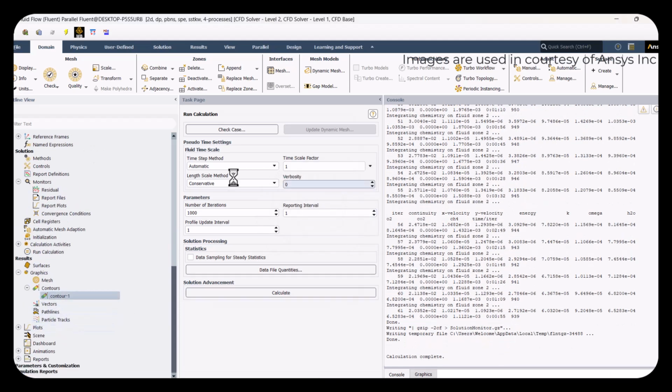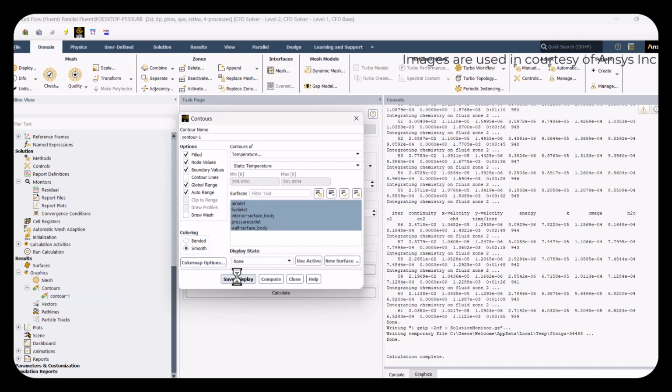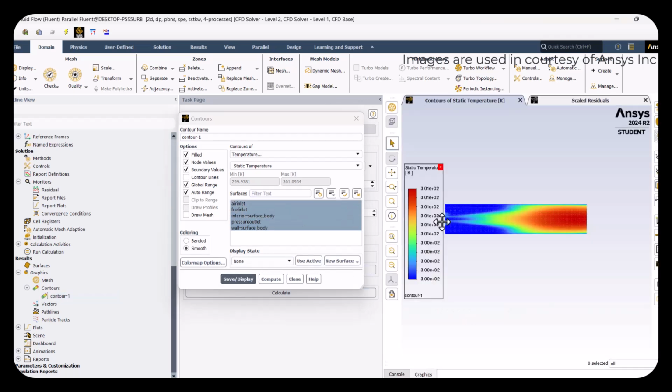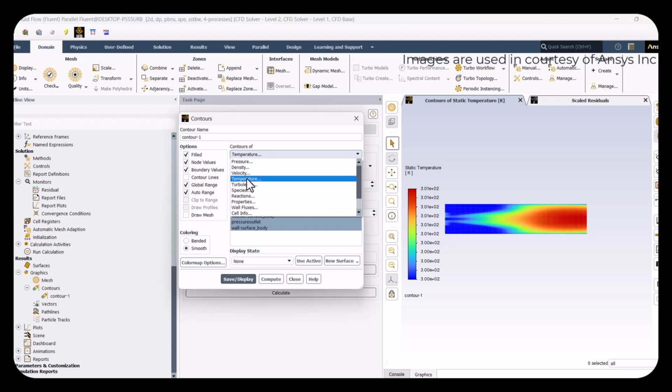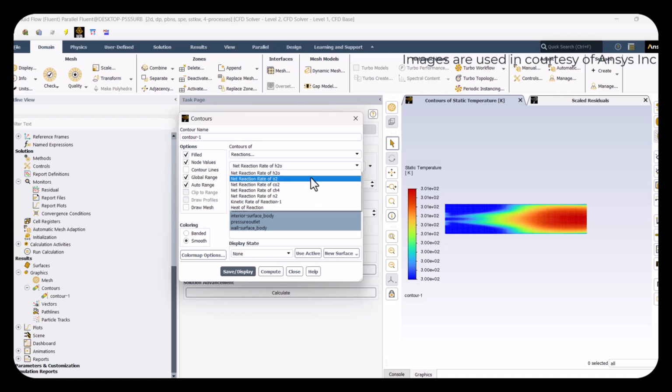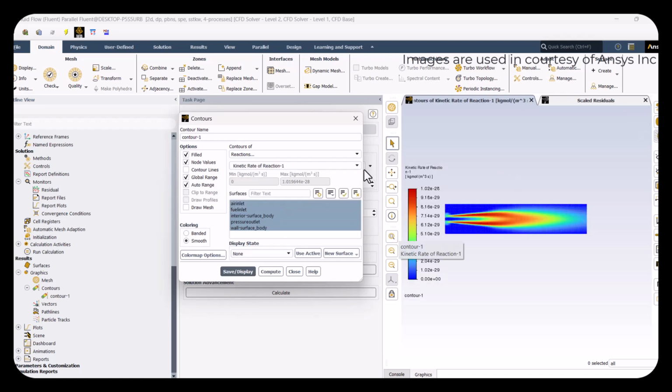This is all for demonstration purposes. So you can see the temperature is raised to 301. It's not too low, but it's okay. It's not too high also. And the reaction rate, you would see it is very low. It's also 1e power minus 28.